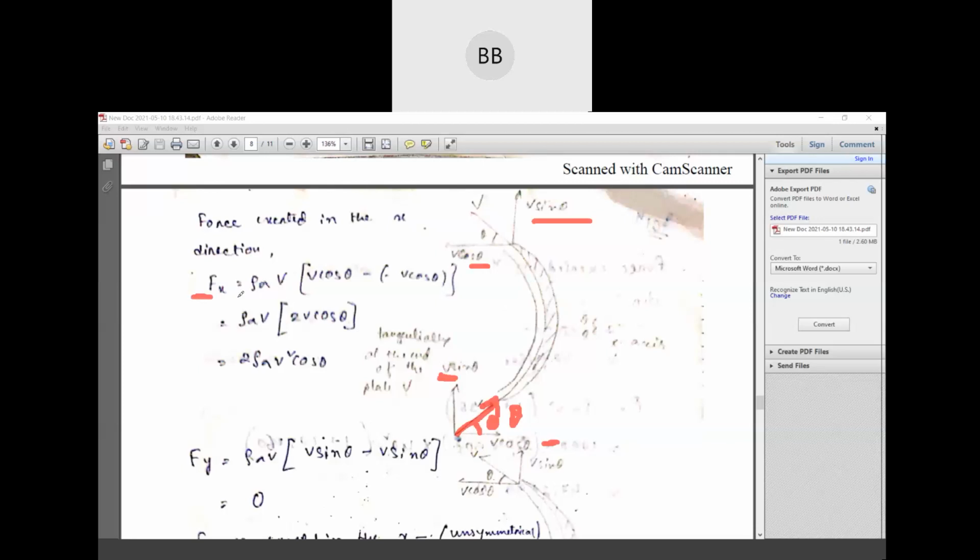If you consider F_x, ρaV will be the same, the initial velocity, that is before strike, in the x direction it will be V cos θ. Then minus, again it is in the opposite direction, so minus V cos θ. So it's very similar. If you understand the first scenario, the other things are also very simple. Only you have to resolve into two components, one in the x and one in the y direction.